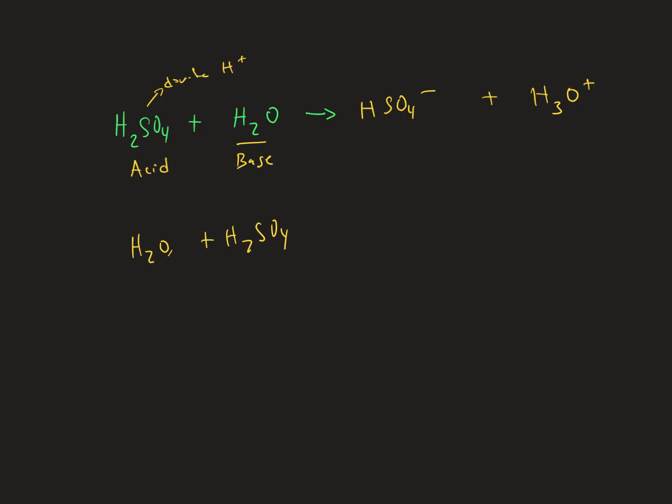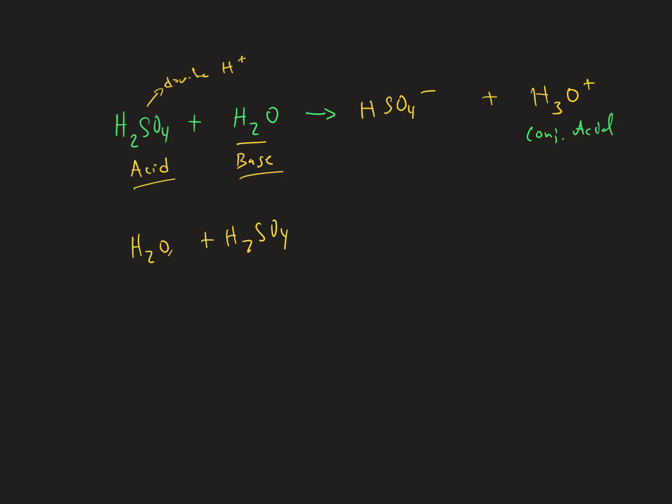All right, so if this is the acid, this is the base, what's the conjugate acid? Hydronium. How do we know? Because the base turns into an acid.